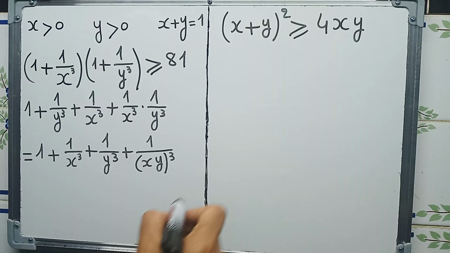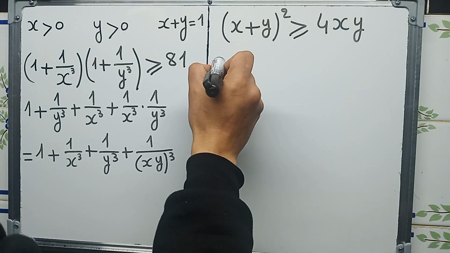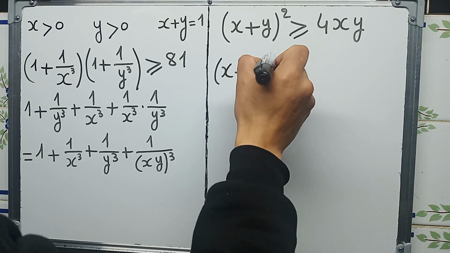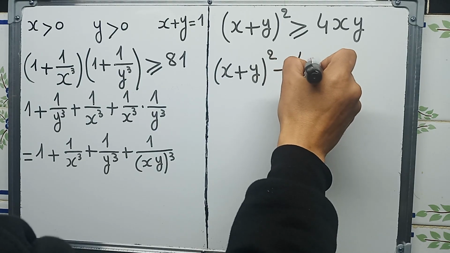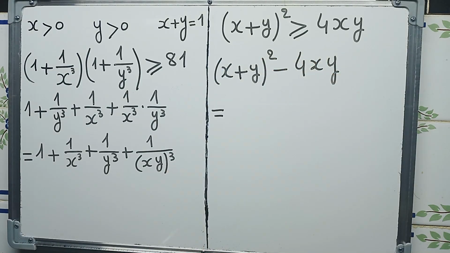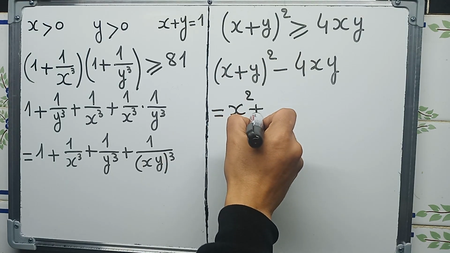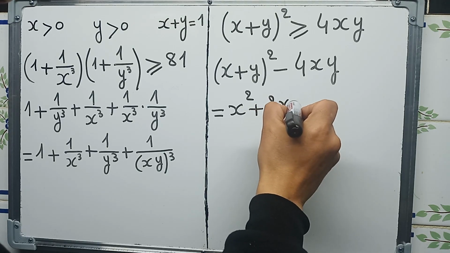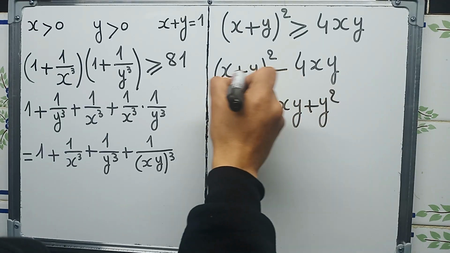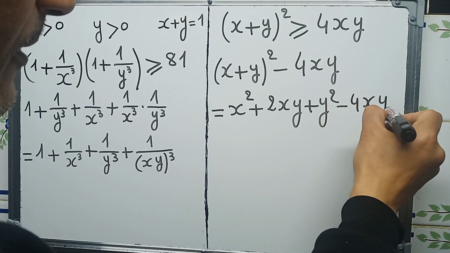4xy. We will prove it. To prove it, we just take the difference. We have (x plus y) squared minus 4xy is equal to, here we have a special product we expand: x squared plus 2xy plus y squared, the special product, minus 4xy.